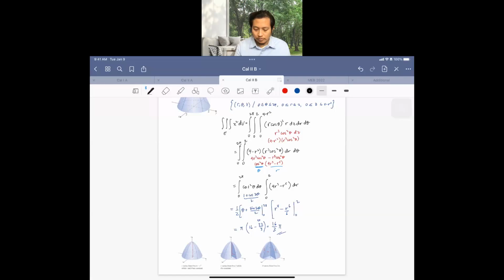And we have maybe one more exercise or two, and then we could go to the triple integral in spherical coordinates.